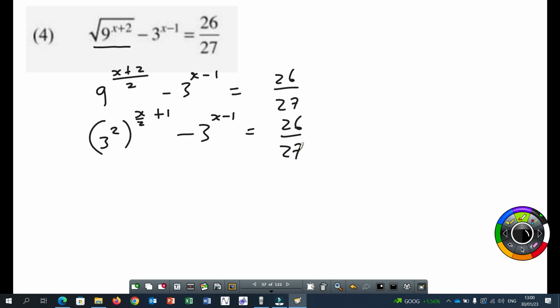Okay? I'm doing it step by step. Then you get 3 to the power of x plus 2 minus 3 to the power of x minus 1 equal to 26 over 27. Okay? Please be aware that it's an exponential equation and it will require knowledge of factorization. And it's going to be factorization by a common factor.